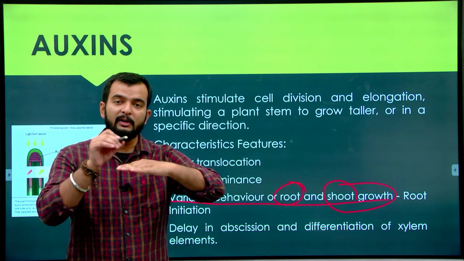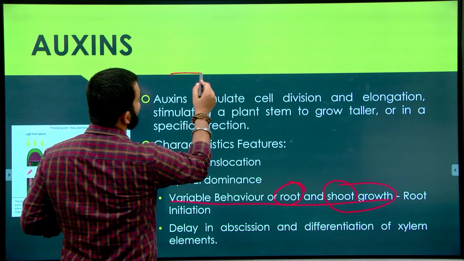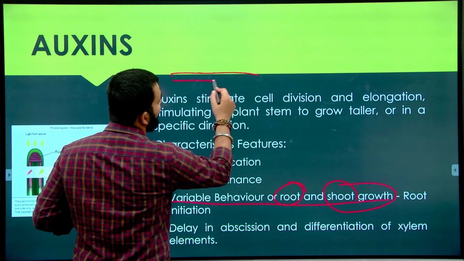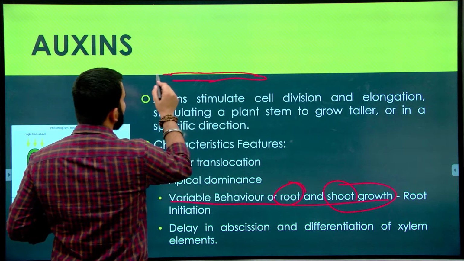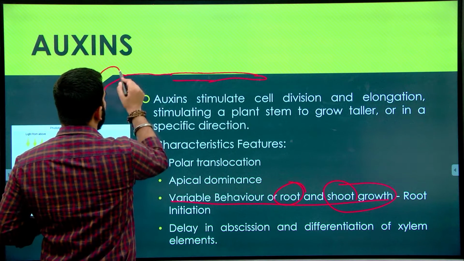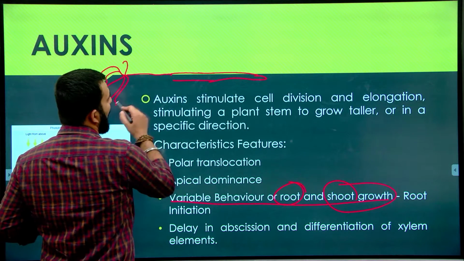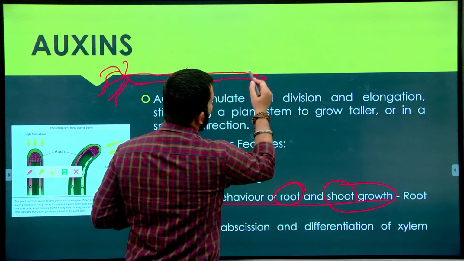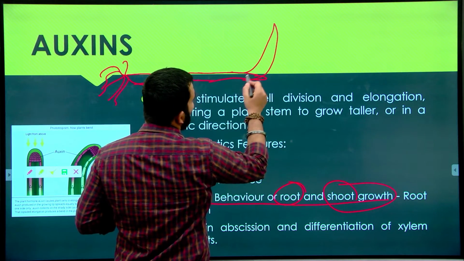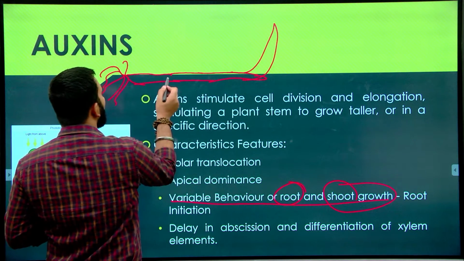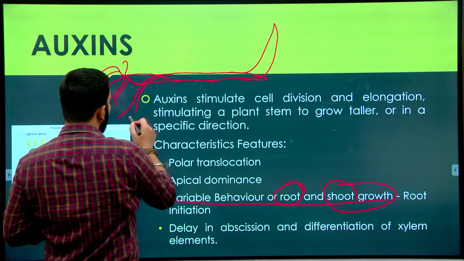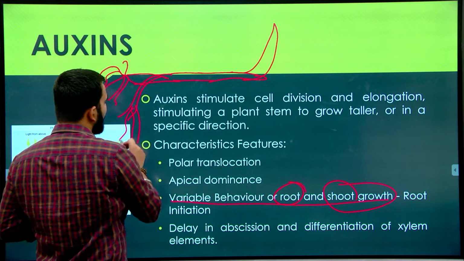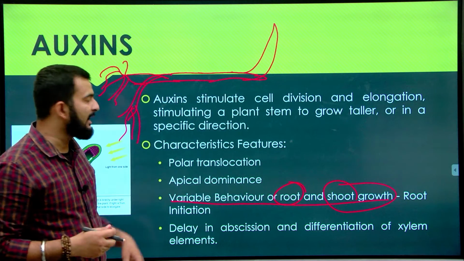This is the stem, and these are the roots. What will happen? The main stem will start to bend upward and grow upward, while your roots will start growing downwards. This is what happens when you apply auxin.